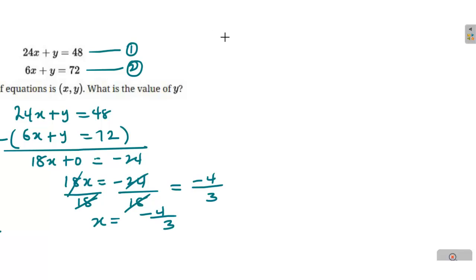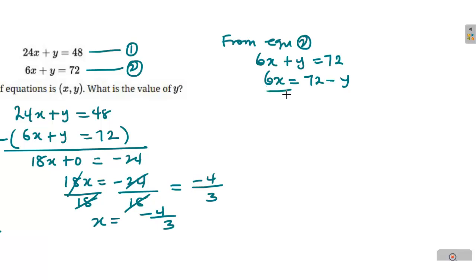So from equation 2, we are going to make x the subject of the formula so as to eliminate it to get y. We have 6x plus y is equal to 72. So we can say that 6x is equal to 72 minus y. Divide both sides by the coefficient of x, which is 6. This cancels this. So x is equal to 72 minus y over 6.